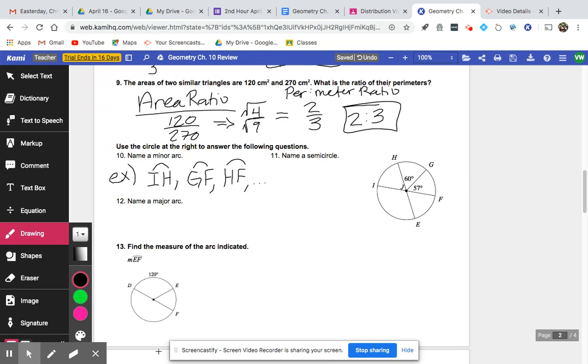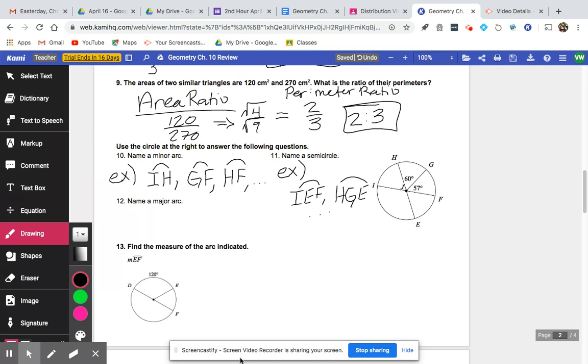Name a semicircle. Again, there is more than one. I could say IEF. That's one. It's supposed to be an E. There we go. And we have HGE. That's another one. And there are more. I'm just going to stop with 2.